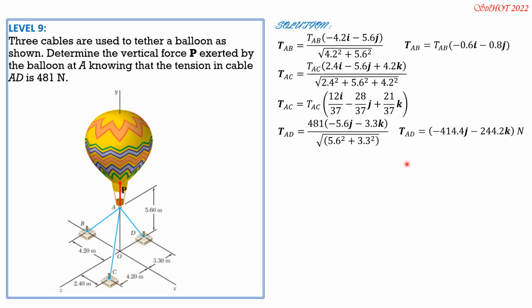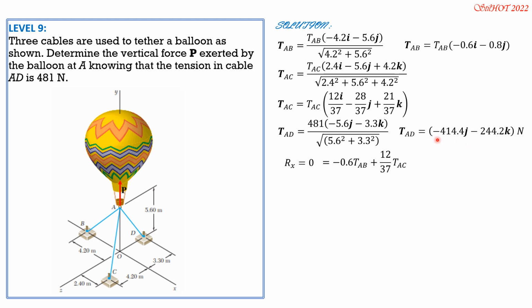To get rid of simultaneous equations, we set the sum of Fz to 0 so that we can solve tension AC right away, because there are only two unknowns here, tension AB and tension AC. Tension AB has no z component, but let's have sum of Fx first equal 0. Then next Fz later. So negative 0.6 tension AB plus 12 over 37 tension AC.